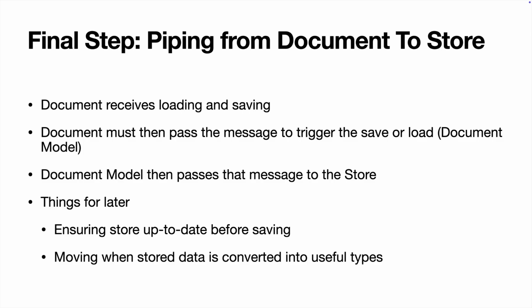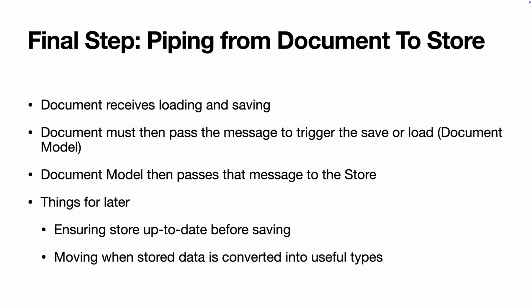And that leads us to our final step, piping these calls from the document to ultimately to the store on disk. Remember that the document actually receives the notifications that it needs to load or save document data. So we have to be doing something in the document.